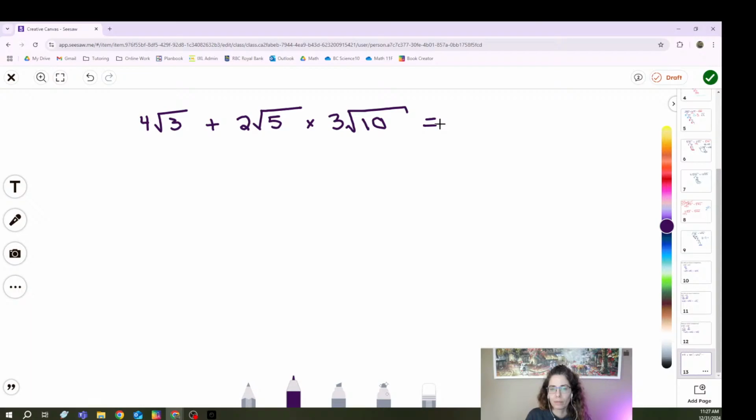Okay, so let's find the length of a rectangular prism that has a volume of, I don't know, 20 root 50, and a width of 5 root 14.